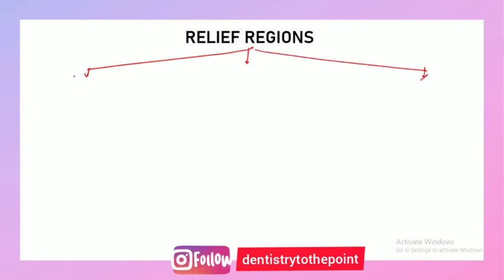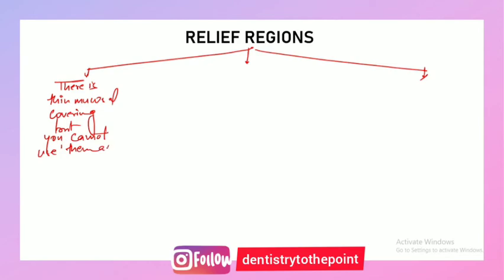First are the relief regions in which there is thin mucosal covering, but you cannot use them as primary stress bearing area.